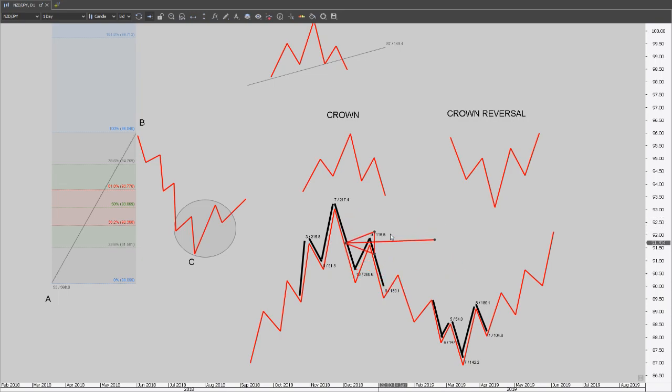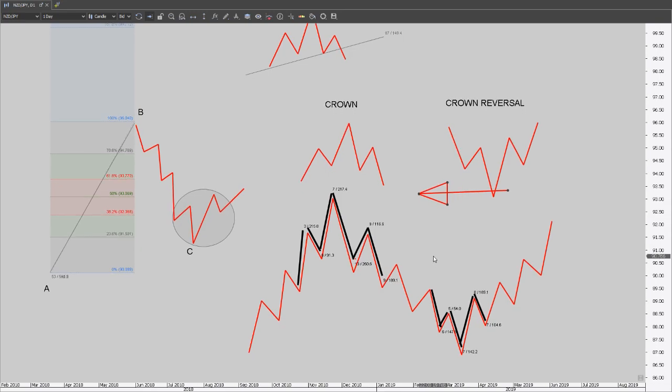And when the market is in a downtrend, what is a downtrend? Well, of course, lower lows, lower highs, lower lows, lower highs, until the market makes a higher high. So this is the crown reversal, right?